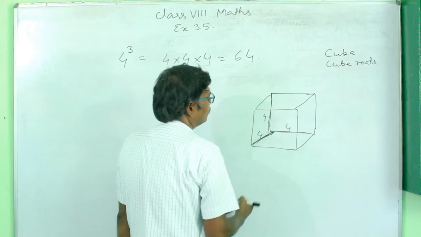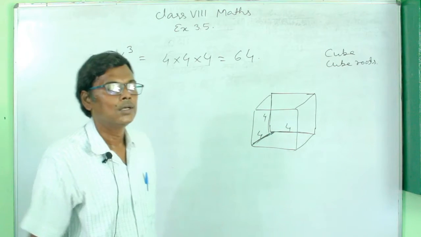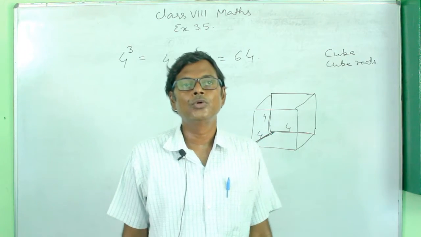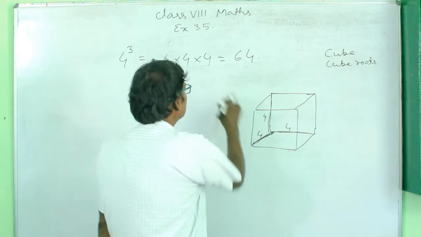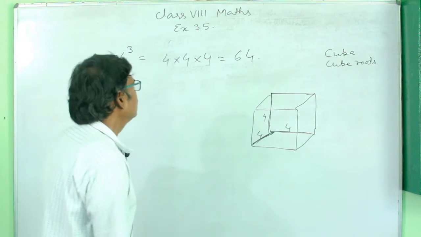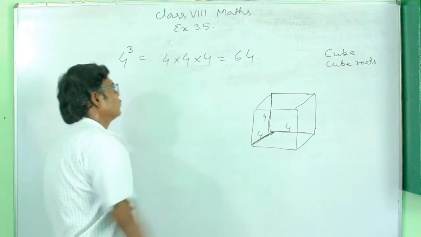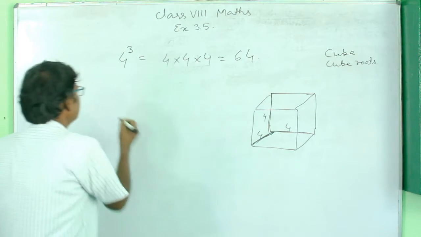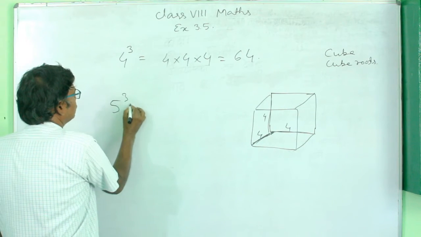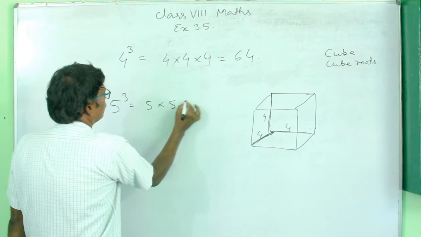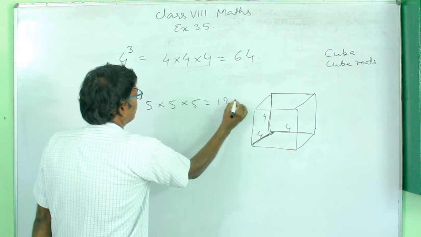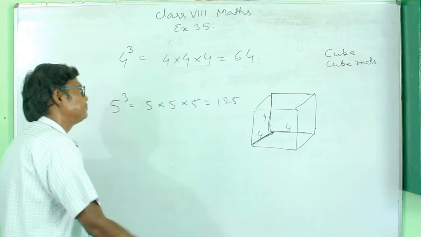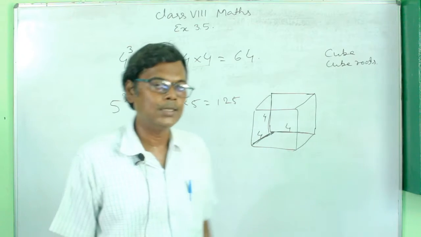Then if you find the volume, you know the volume of the cube is length into width into height. So you will get the same answer here. So this is the meaning of cube. Take another number, for example 5 cube, it will be 5 into 5 into 5, that is 125.